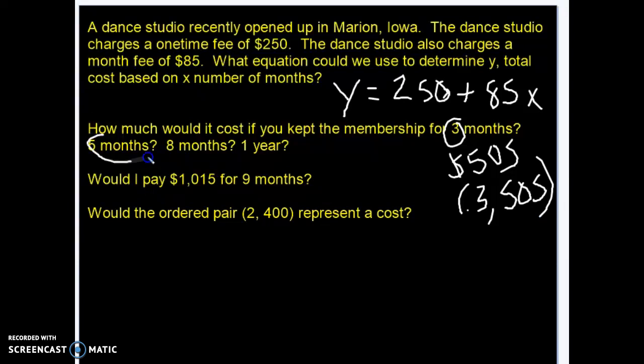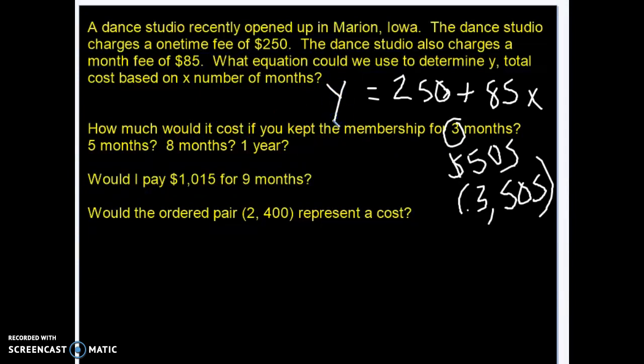Oh, I mixed that up and did the 8 months one. As you can see, I like to confuse myself and you. So we'll go ahead and back up here.